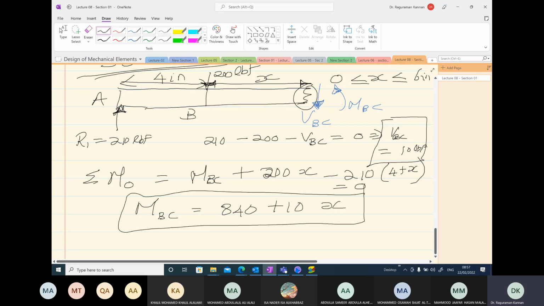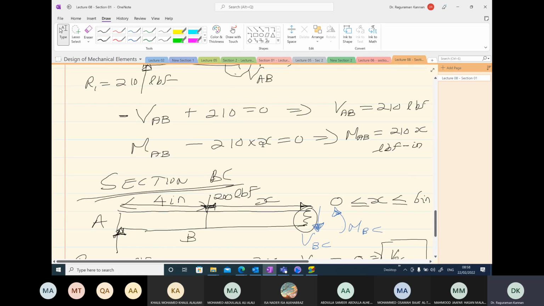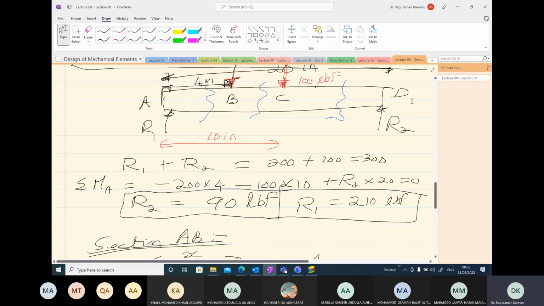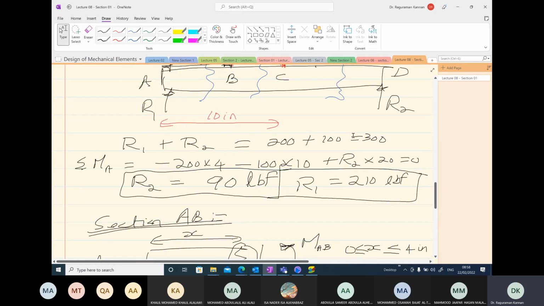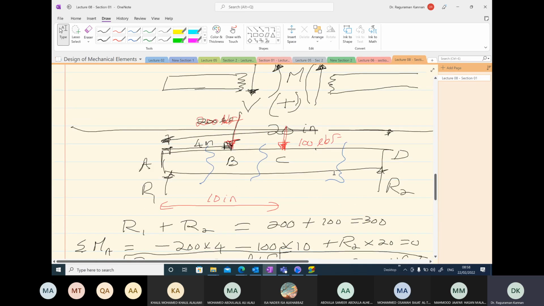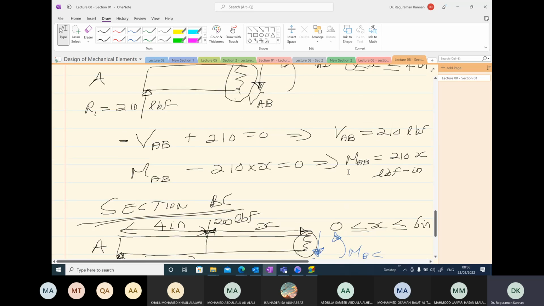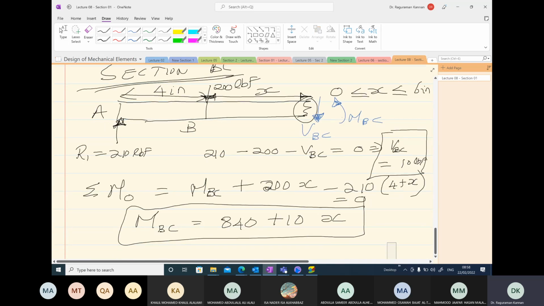So this is the expression we have, and we can draw the bending moment diagram. For the right end, we can get a section here. It's very easy for CD, section CD, it's very easy.